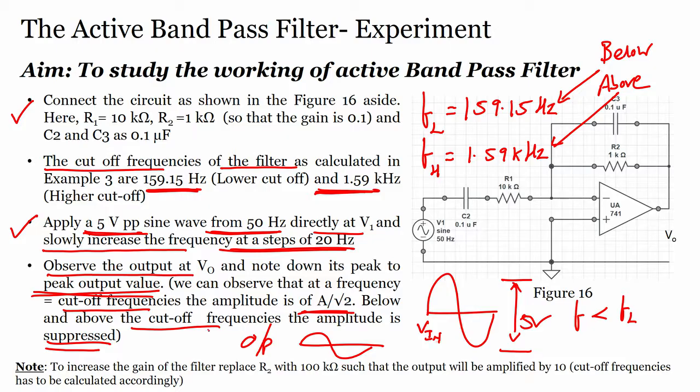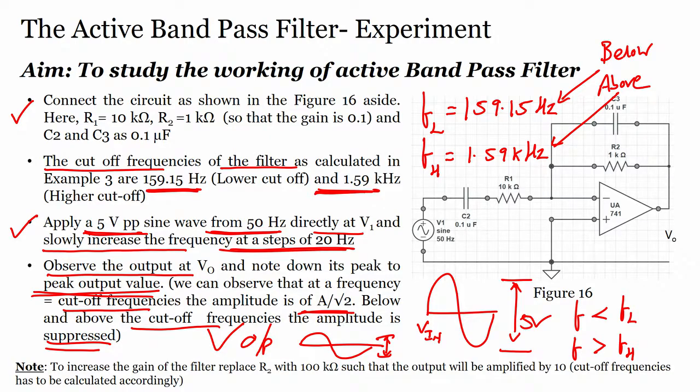In case my frequency is greater than FH, again I will see a similar effect. That means, when we apply an input signal of 5 volts, my output will look suppressed, alright.